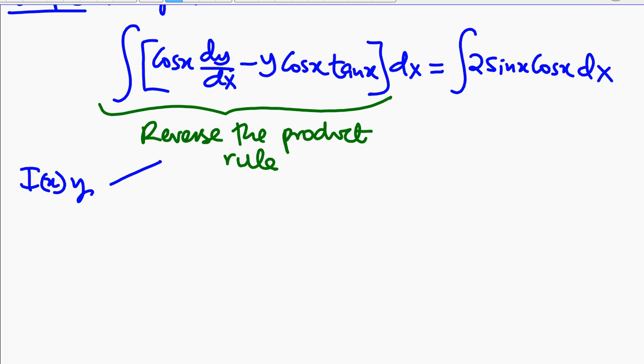That's what it means by reversing the product rule. I'm sure you have noticed that from the previous steps. So what you're going to do here is just take our integrating factor and multiply by y. So we'll end up with cos x times y, which will be equal to the integral.